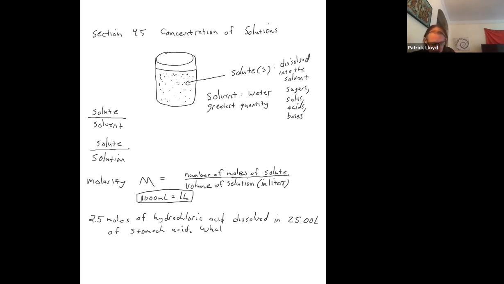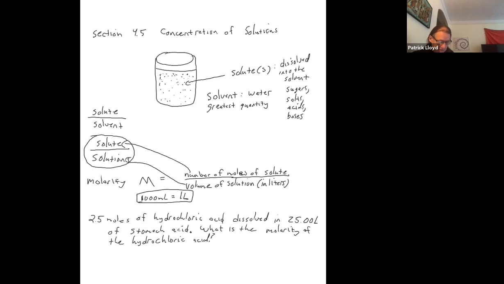What is the molarity of the hydrochloric acid? By the way, we're using essentially the amount of solute divided by the amount of solution, because this is moles of the solute, and this is the volume of the solution. So we're using that ratio, and there are multiple ratios that can be looked at.